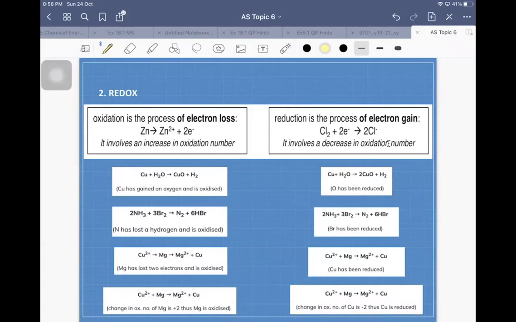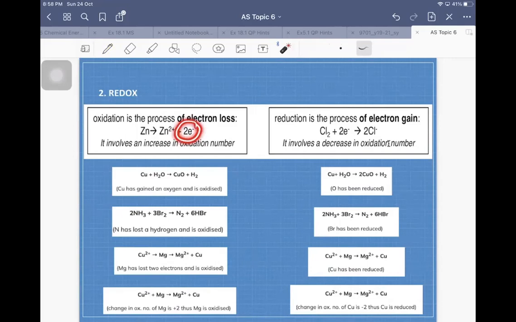Redox is actually a combination of reduction and oxidation. Oxidation is the process of electron loss, which I think you are all familiar with. If oxidation is loss of electrons, reduction would be gain. Before I move on, how do we know that electrons are lost?